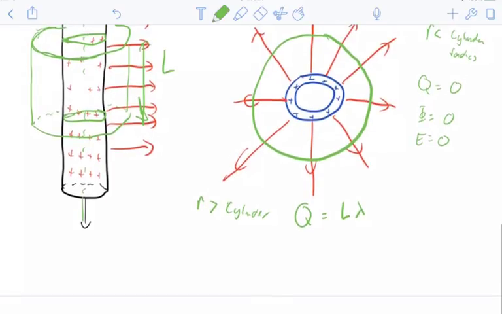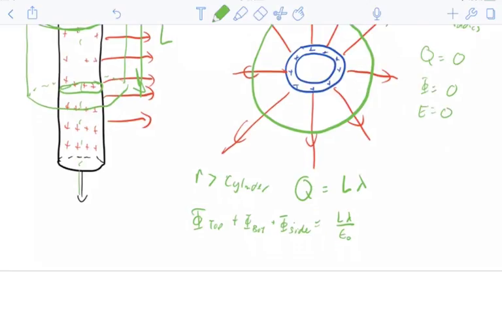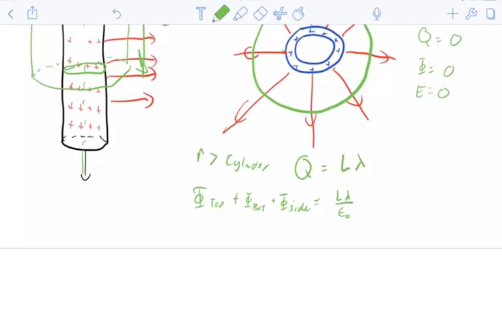And then the flux through the top plate, flux through the bottom plate, flux through the side plate will all add up to L lambda over epsilon naught. So we know that the flux through the top plate is going to be 0.